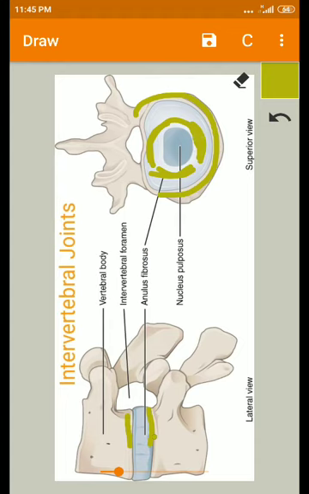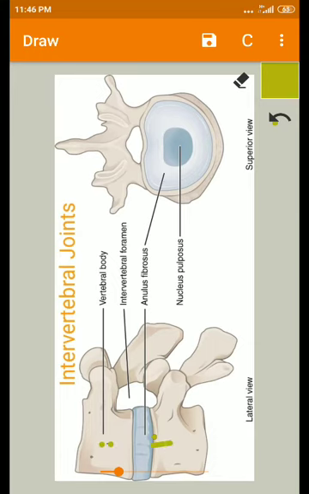This intervertebral disc is present between the two vertebral bodies, and it is attached to the superior as well as the inferior vertebral bodies.